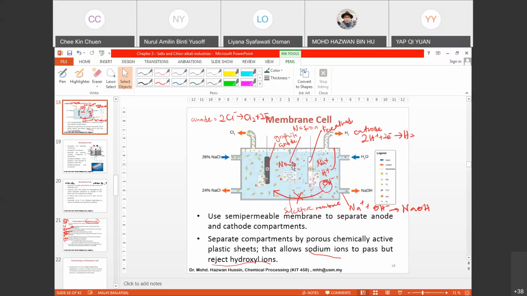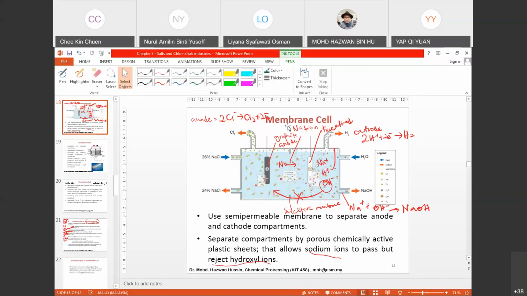Then the penetration of sodium ion from anode to cathode is not always 100% successful. Maybe only half of the sodium ions can pass through the membrane. If it is not passing through, it just remains there and is finally removed.